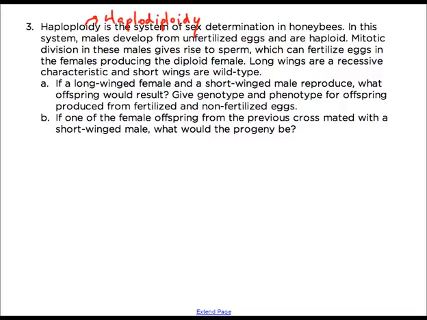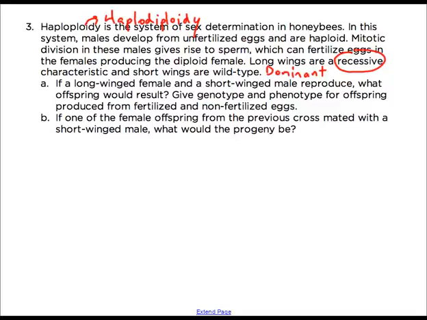Also, they're saying that long wings are recessive and short wings are wild type. They didn't specifically say that it's dominant, but in this type of question, you can assume that, because if it's not recessive, it's dominant.